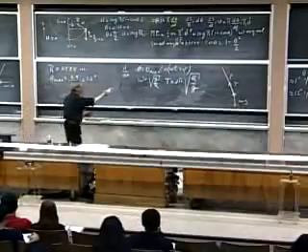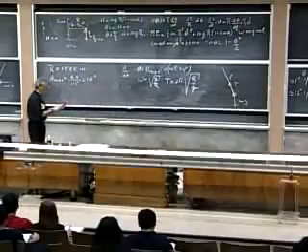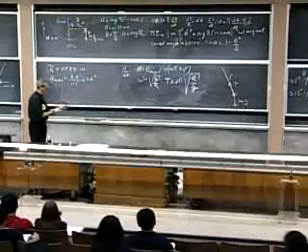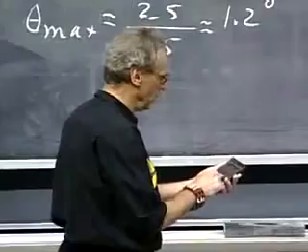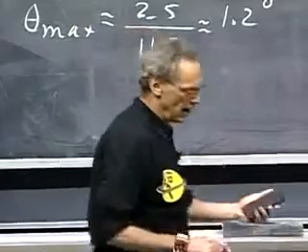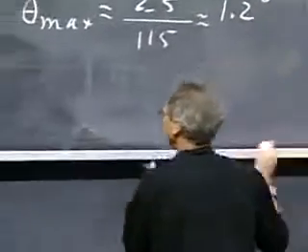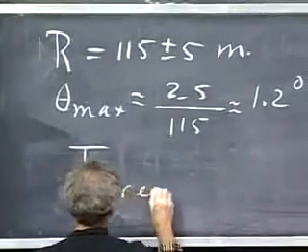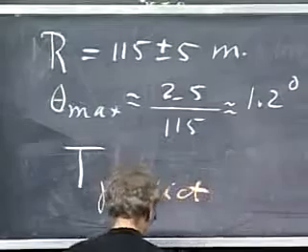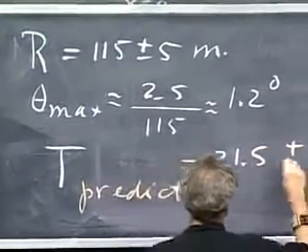I take 2 pi times the square root of r over g, and r is 115. I divide it by g, I take the square root, I multiply by 2, I multiply by pi, and I get 21.5. T, and this is a prediction, equals 21.5.